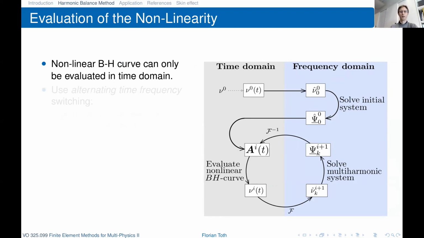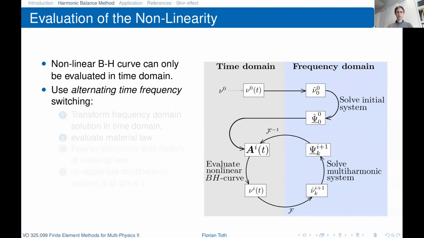We have a B field, we get via the BH curve an H value, and from this we can compute the coefficient nu. So in order to do this, we use alternating time frequency switching.